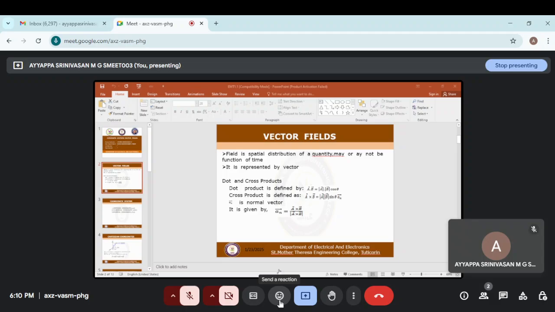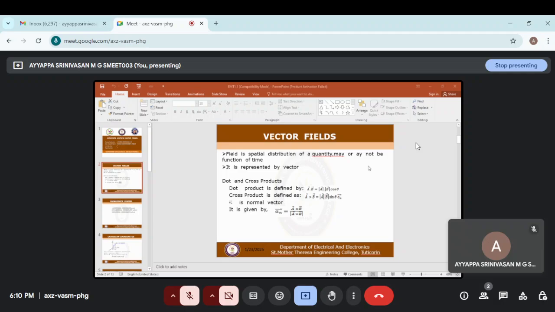So in vectors, fundamentally we have two things. One is the dot product, another is the cross product. Dot product of two vectors is A dot B equals AB cos theta. We multiply the magnitudes of A and B, and again by the cosine of the angle between them.